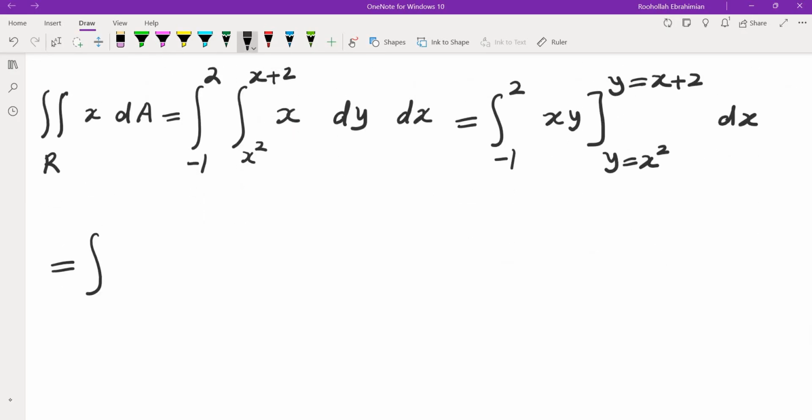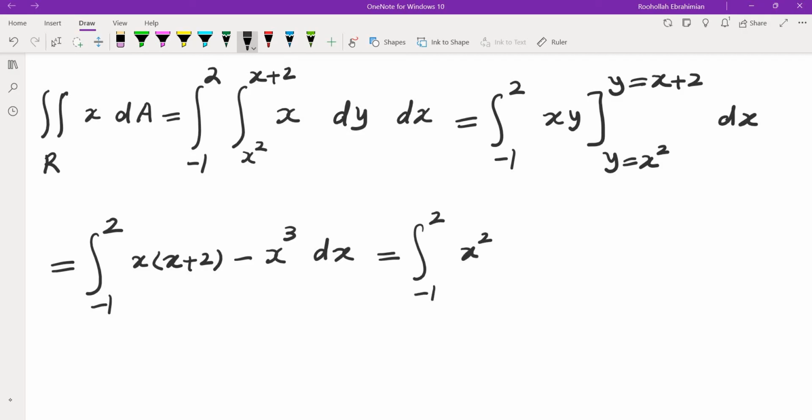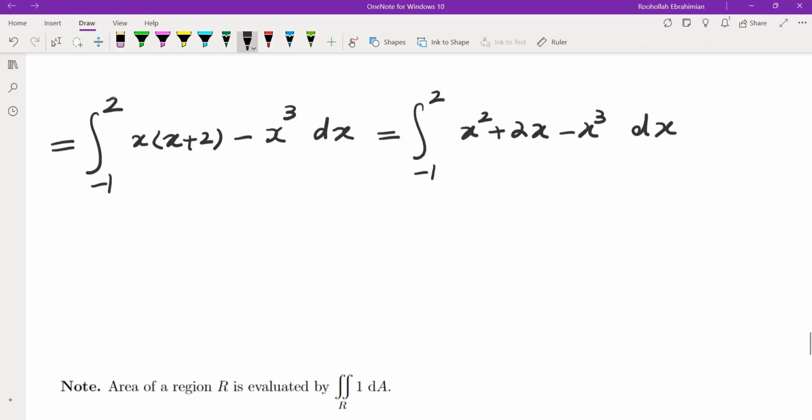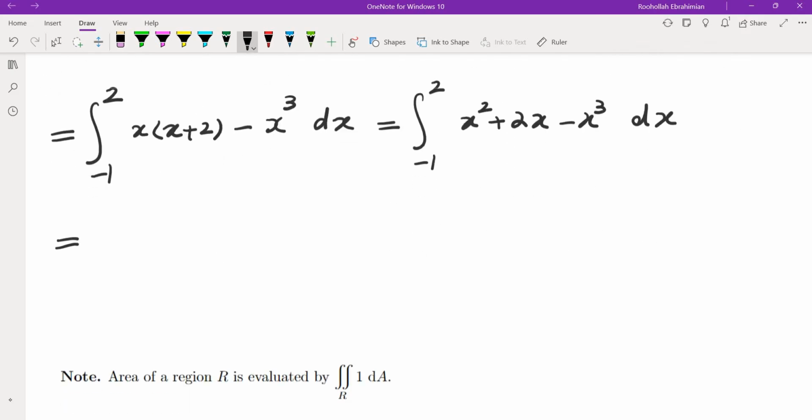So this is equal to the integral from negative 1 to 2. We'll plug in x plus 2. We get x times x plus 2 minus x times x squared, which is x cubed, dx. So this is the integral from negative 1 to 2 of x squared plus 2x minus x cubed dx. Okay, so now we're going to use the fundamental theorem of calculus.